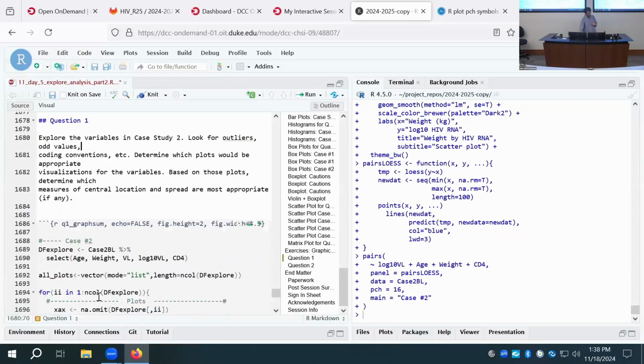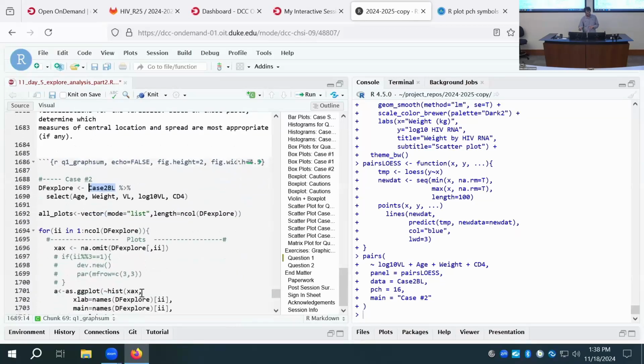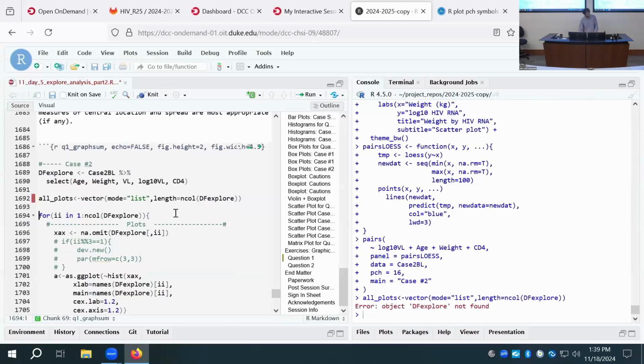So I'm going to take this case 2 data set and select the variables I want: age, weight, viral load, log 10 viral load, and CD4 count. What I'm going to do is make these panels of plots over and over again.